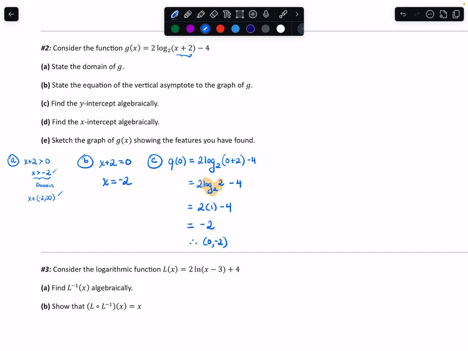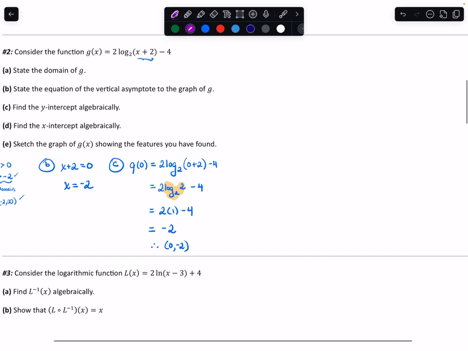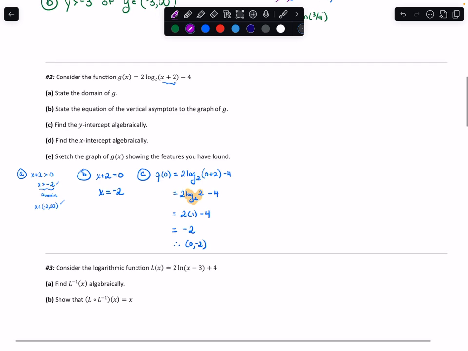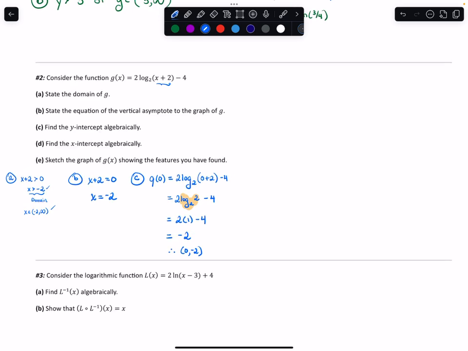Okay. X-intercept, so it's a lot of the same questions. Obviously logs have vertical asymptotes where exponentials have horizontal, but really I'm doing the same kind of analysis on the function to obtain all of its key features. So for D, if I want the x-intercept, I have to set g of x, or y, equal to 0.